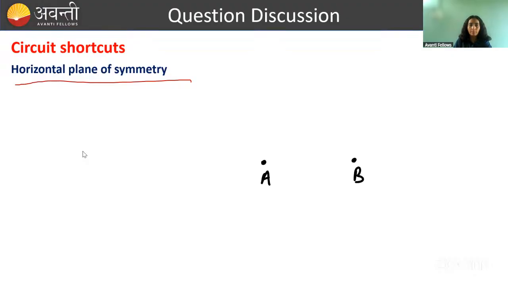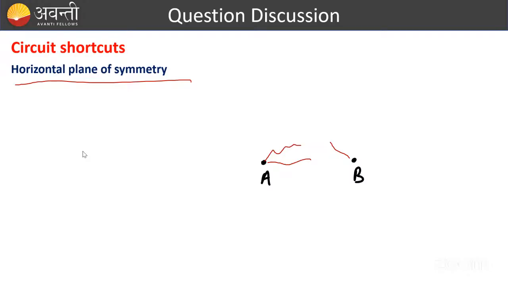Just give me some time. Here, if you talk about horizontal plane of symmetry, then let's say across A and B there are different branches of resistors, and we have to calculate R equivalent across A and B.